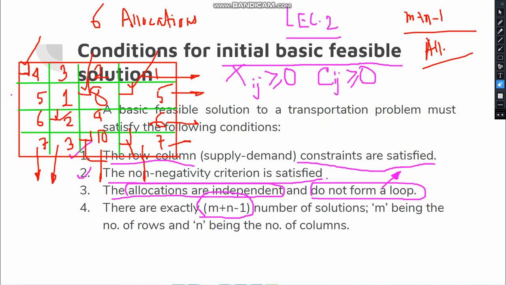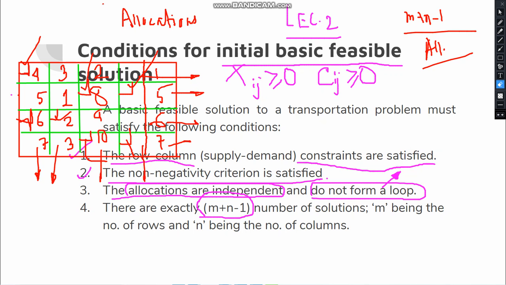In a transportation problem the number of rows and the number of columns are generally not equal. You'll see in an assignment problem that the number of rows and the number of columns are equal. So what we'll do is add a column here and allocate one more.